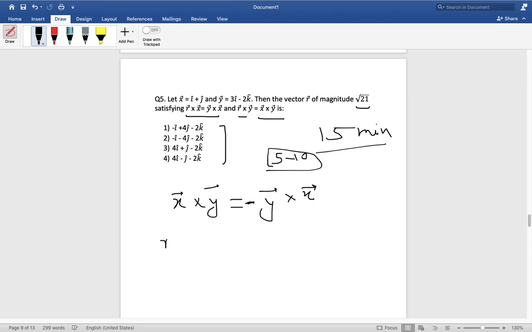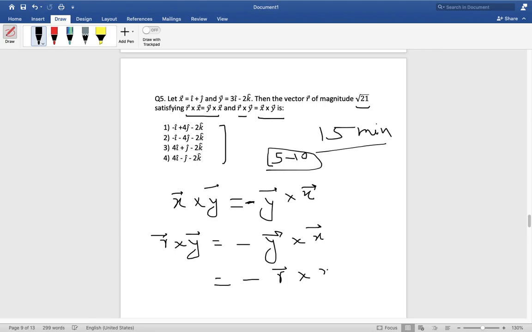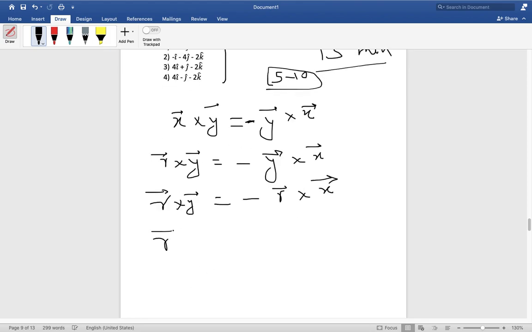So I can write r cross y equals minus y cross x, and y cross x is given as r cross x. So I can bring it over here: r cross x plus r cross y is equal to 0.